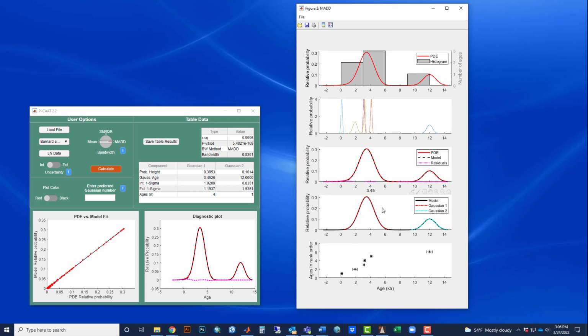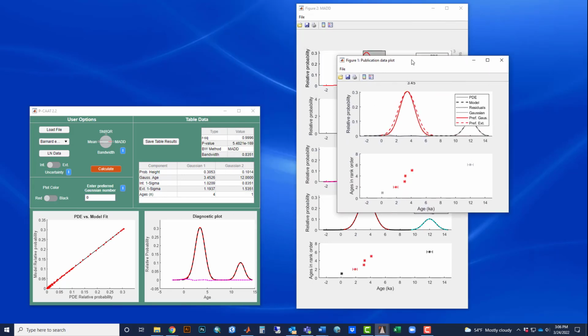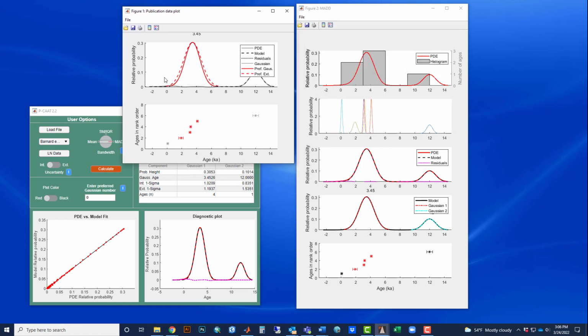And in this case, since it's young, I would pick the highest probability Gaussian, which would be Gaussian 1. Enter that here. And that propagates our external uncertainties and highlights our preferred Gaussian here in red. And it shows you that these 4 ages really fit nicely underneath that peak. And that seems like a pretty reasonable age for that data set.